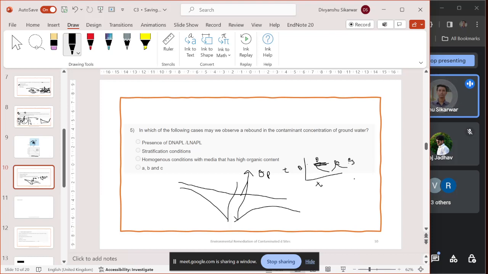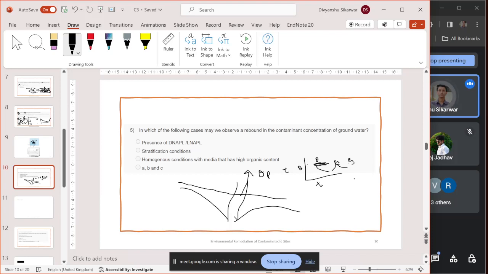So we are running our tube well for removing the contaminant, and we are able to remove some contaminant which is present in the water. But if we run the tube well after a break of some months or years, whatever it may be, some concentration of the contaminant of concern will reappear in the water.